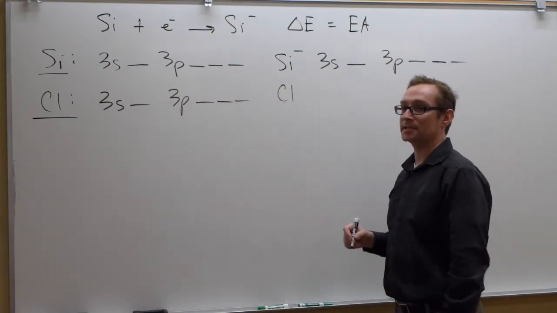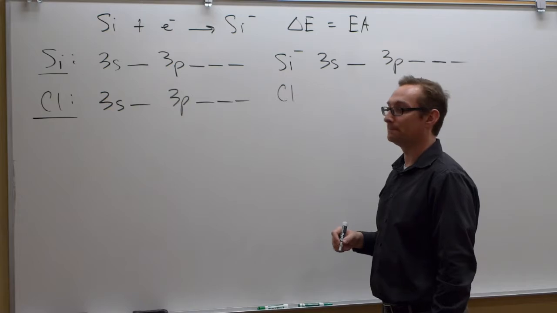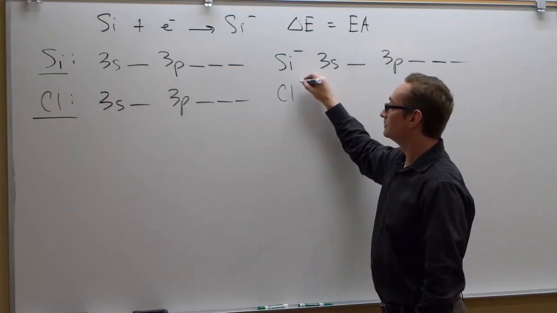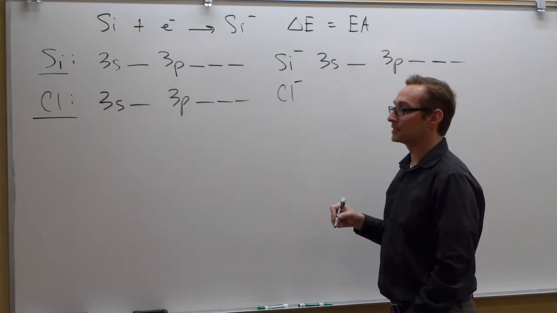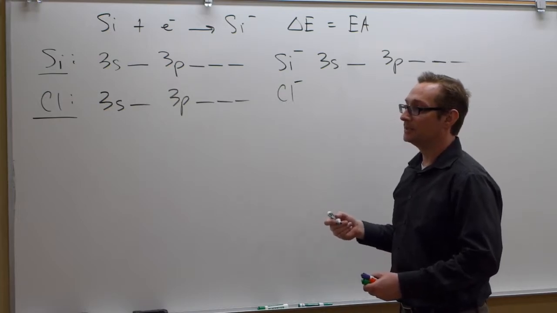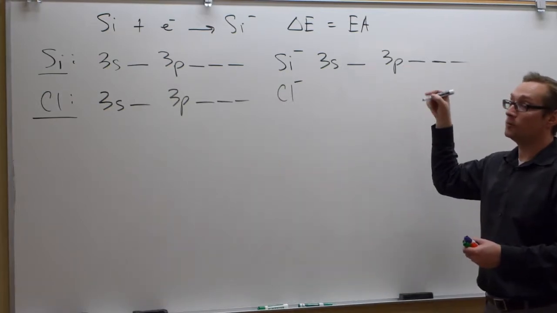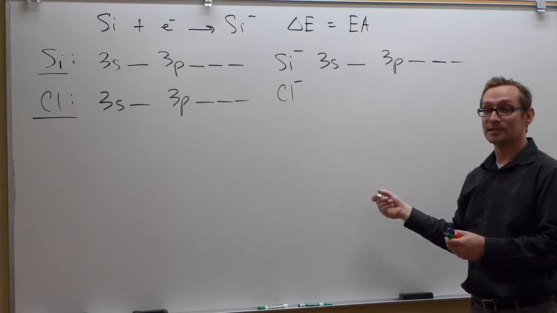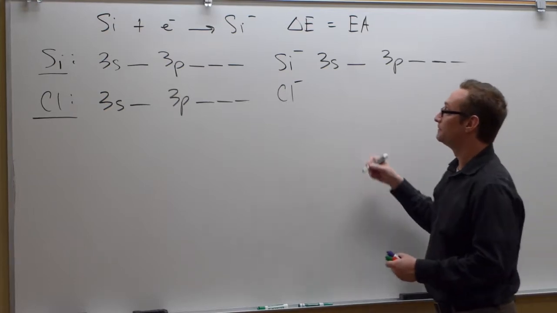What's going to happen when chlorine gains an electron? What charge is going to be on chlorine? It'll also be -1. Yeah, so when we say electron affinity, you might see EA1 or EA2, meaning the second electron, right?